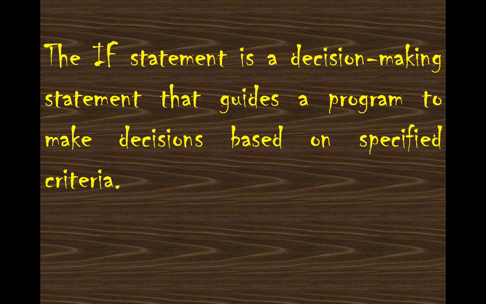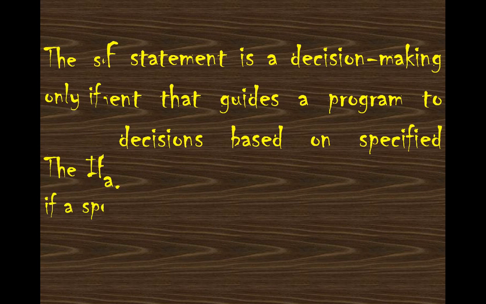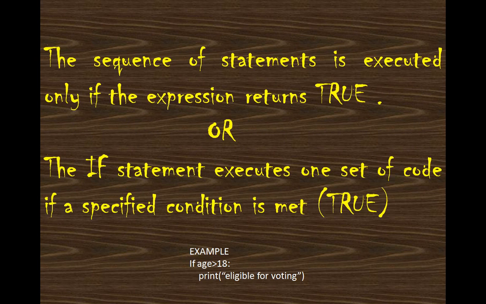That means it is used to decide whether a certain statement or block of statements will be executed or not. That is, if a certain condition is true, then a block of statements is executed, otherwise not. So the if statement is a decision making statement that guides a program to make decisions based on specified criteria. Suppose I give: if age greater than 18, print you are eligible for voting. I am not giving the else part or anything else.